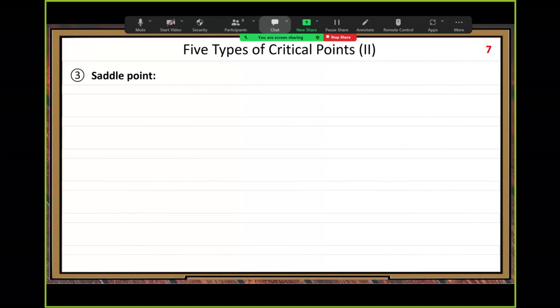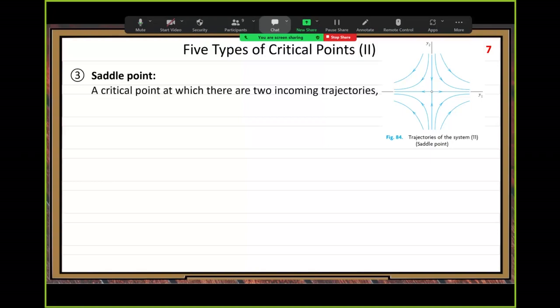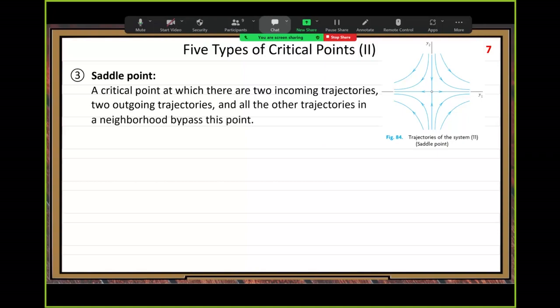Then, type 3, saddle point. A saddle point is like this shape. Description: a critical point at which there are two incoming trajectories and two outgoing trajectories, and all the other trajectories in a neighborhood bypass this point.